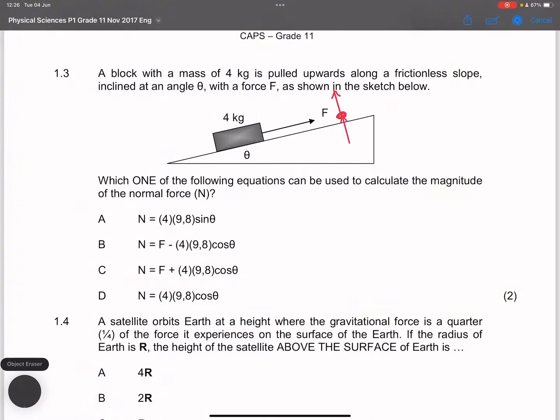To get that component of gravity, we always say this is mg cosine of the angle of elevation, which is theta in this case. So this is going to be mass times 9.8, the cos of theta. So our normal force there should be, all right, it looks like D will be our answer.